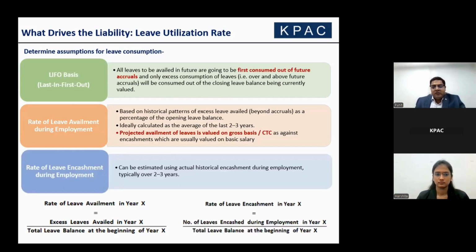Similarly, the rate of leave encashment during employment is estimated using the actual historical encashment data. It represents the percentage of accumulated leaves employees are expected to encash during their service to the opening leave balance. Now, these rates are crucial inputs to project the future utilization and encashment of leave balances.